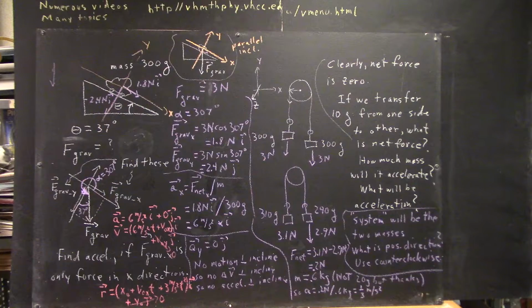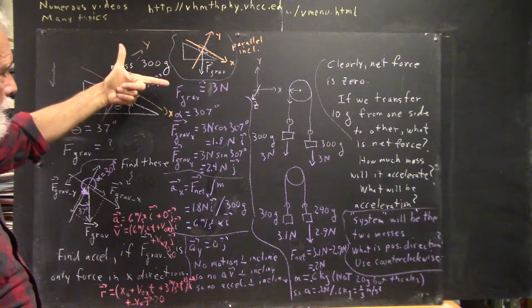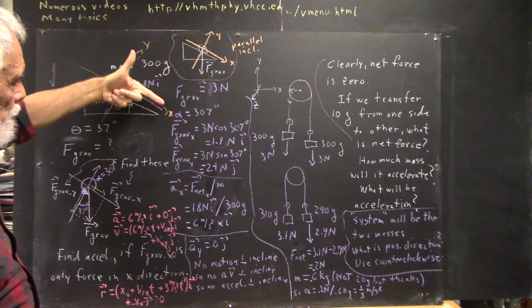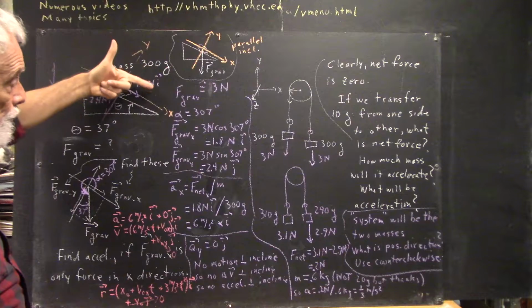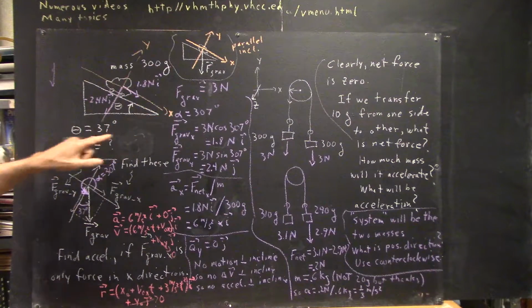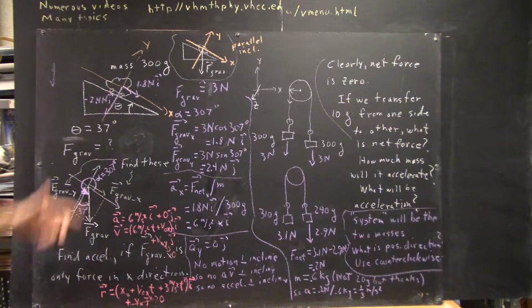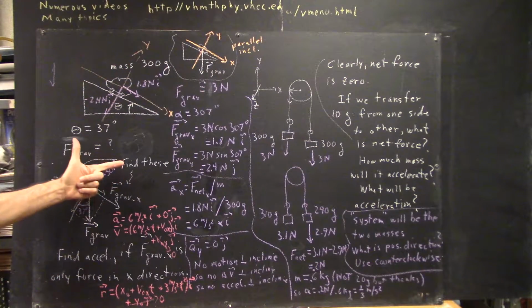By effectively taking a vertical horizontal system and rotating it so that the x-axis is parallel to the incline, we've rotated clockwise 37 degrees, because the angle of the incline with horizontal is 37 degrees. When we rotate 37 degrees, let's look down here.